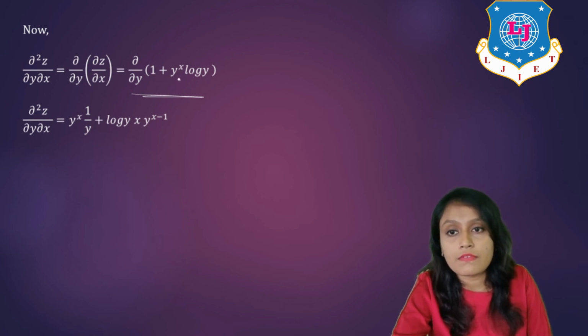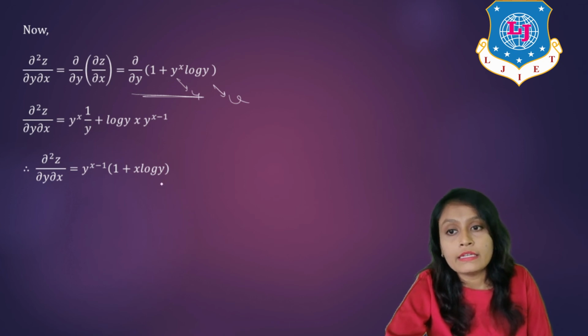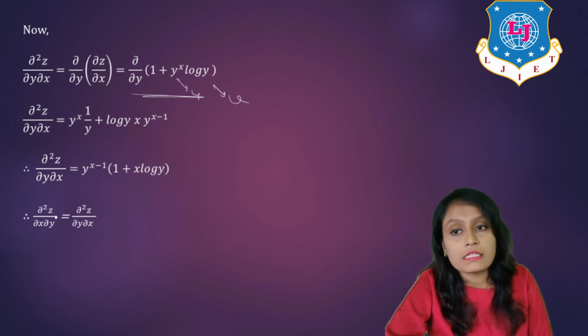So consider this y raised to x as u and this log y as v. So y raised to x as it is, derivative of log y with respect to y is 1 upon y, plus log y as it is, derivative of y raised to x is x y raised to x minus 1. Simplify this, okay, and take y raised to x minus 1 common, so you will get this term. Now you can see that del square z by del x del y is equal to del square z by del y del x.